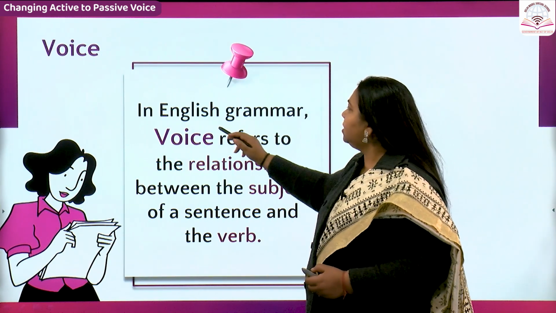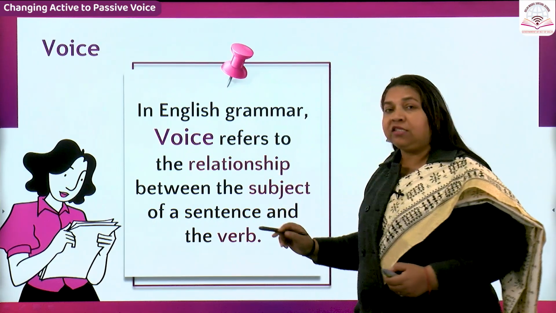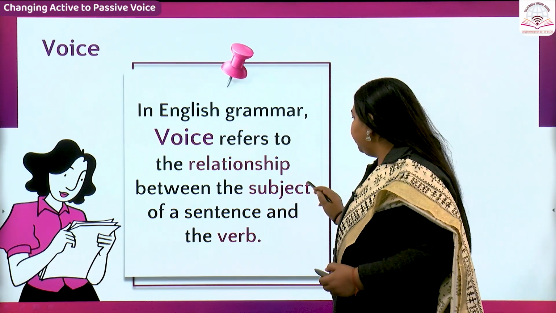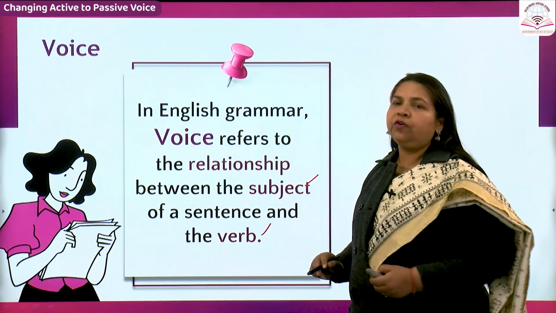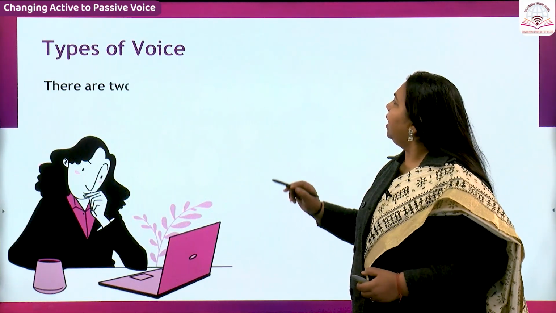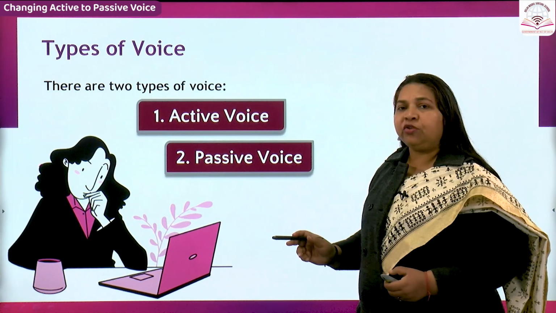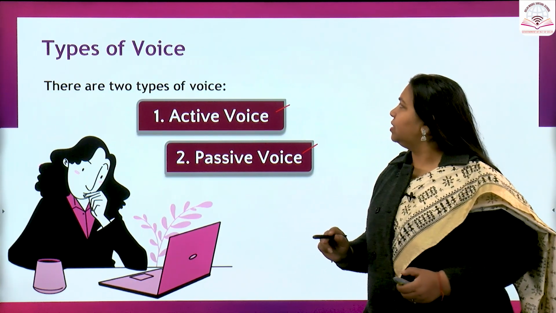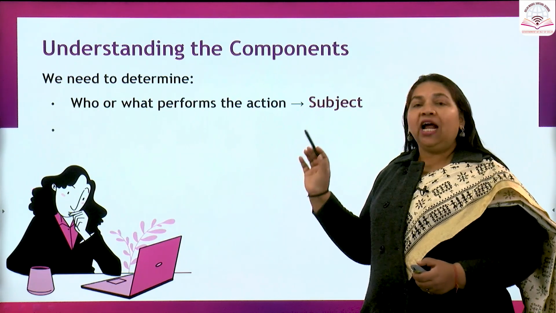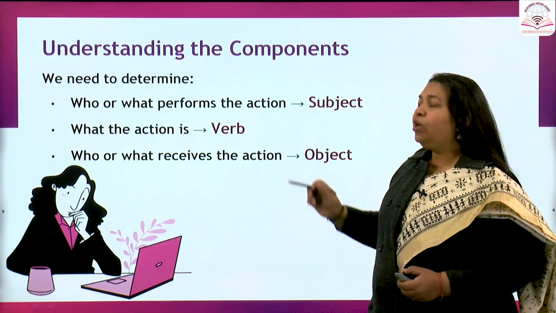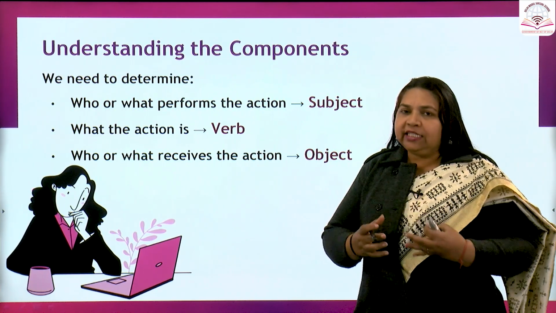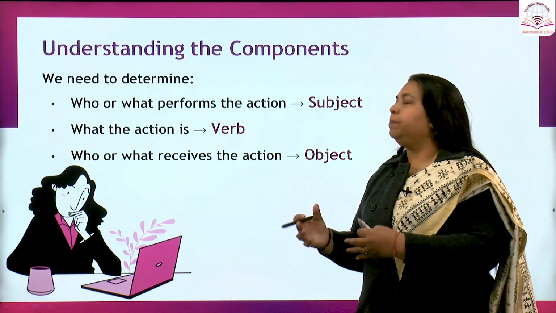What is voice? In English grammar, voice refers to the relationship between the subject and the verb. And we have two types of voice, active voice and passive voice. And now we shall understand the components that help us in converting the sentence from active to passive.